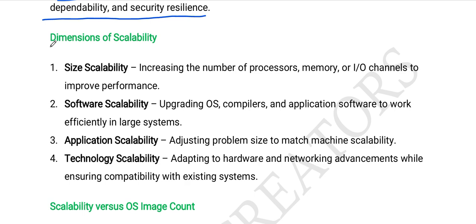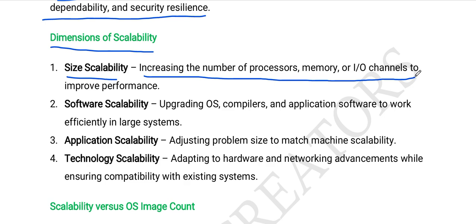Next, we are going to look at dimensions of scalability. Size scalability: increasing the number of processors, memory, or input output channels to improve the performance.